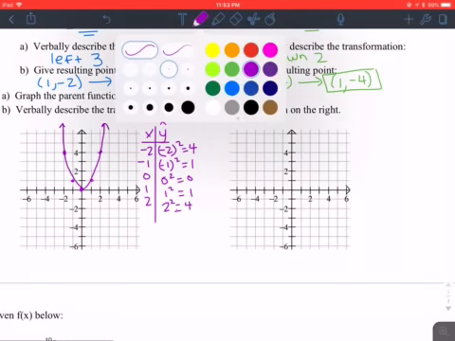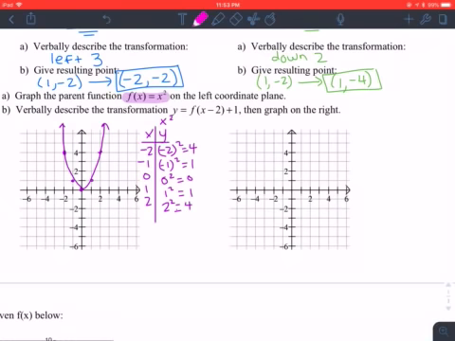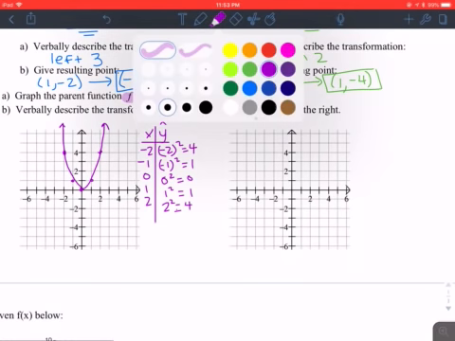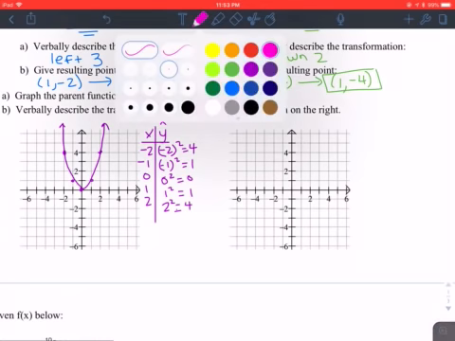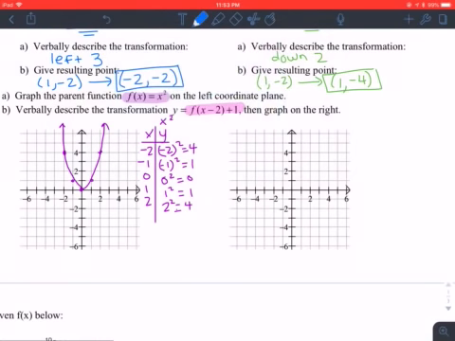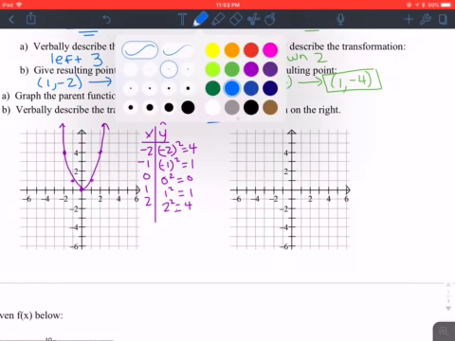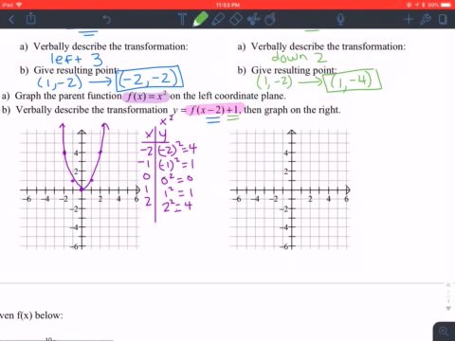Okay, now we're going to graph the new function, y equals f of x minus 2 plus 1. So let's start by talking about the order. Remember, we're always going to do horizontal first, and then vertical last.